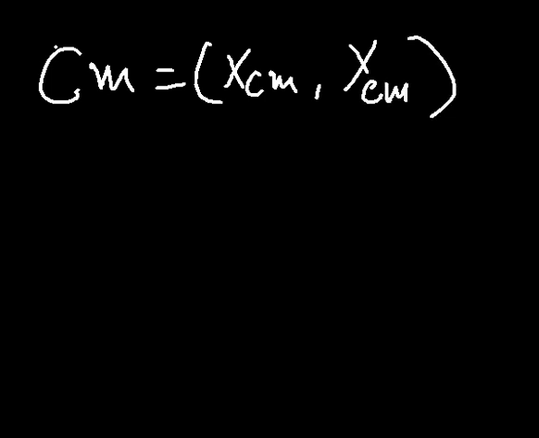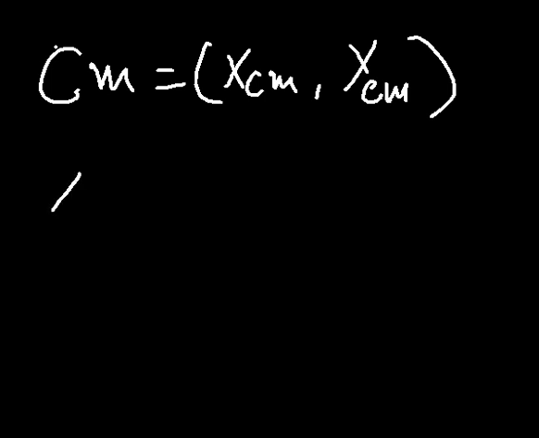So this is how the center of mass in 2 dimensions may be calculated. In other words, we are going to have the center of mass along the x-axis and also the center of mass along the y-axis, and I will have the center of mass in terms of the coordinate system.